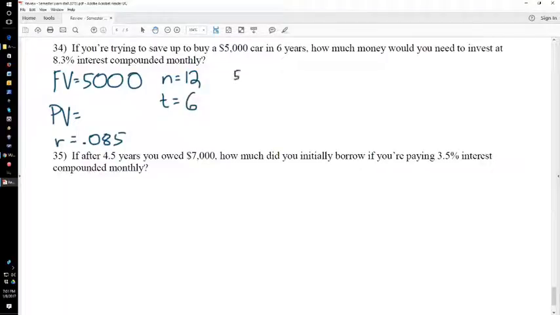So 5,000 equals my present value, that's your starting point, 1 plus 0.085, divided by 12, raised to the 12 times 6. Remember, it's n times t.